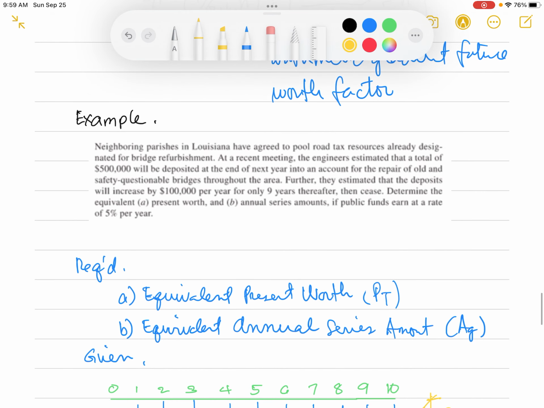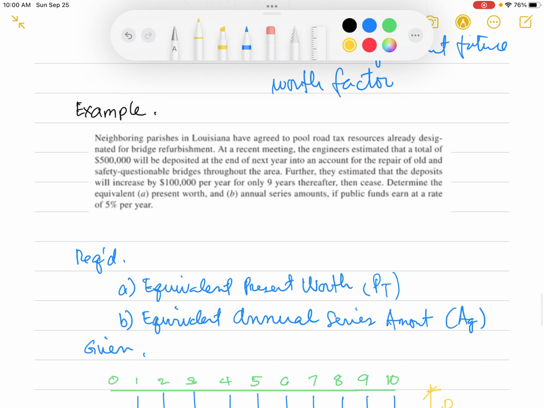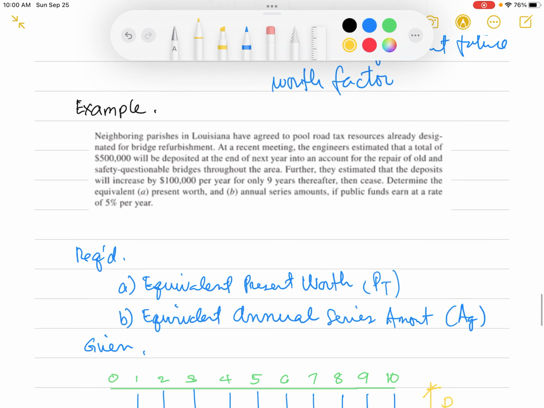So we have here neighboring parishes in Louisiana that have agreed to pool road tax resources already designated for bridge refurbishment. At a recent meeting, the engineers estimated that a total of $500,000 will be deposited at the end of next year into an account for the repair of old and safety questionable bridges throughout the area.